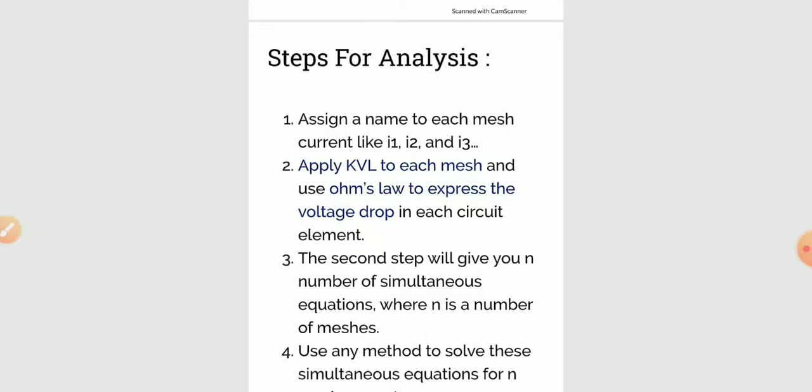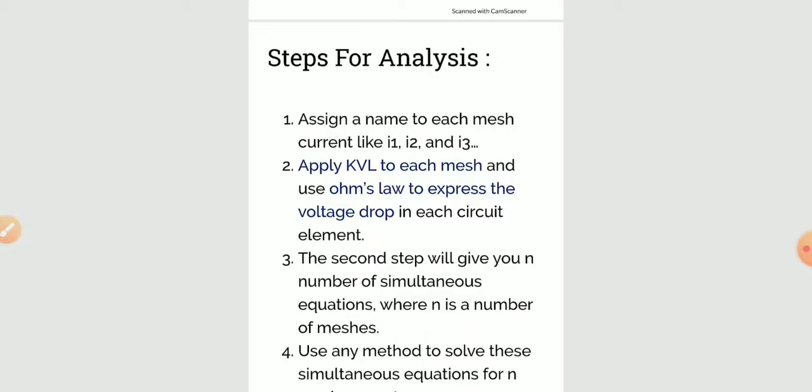Apply KVL to each mesh and use Ohm's law to express the voltage drop in each circuit element. Then the second step is, for this we assign the polarity for voltage across the branch.